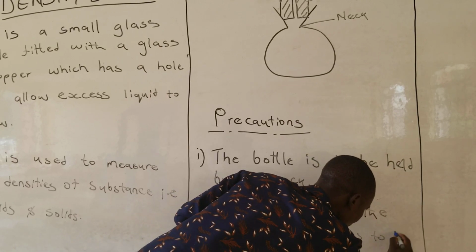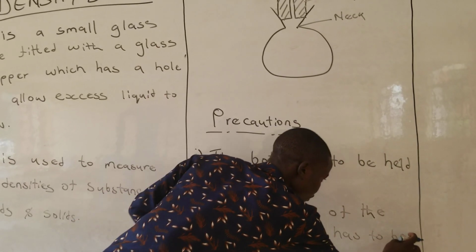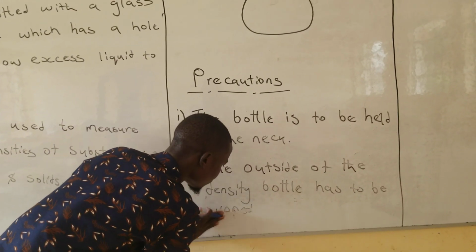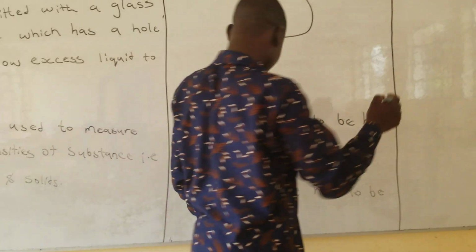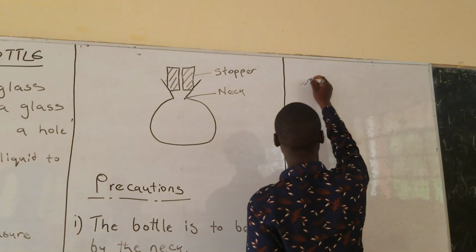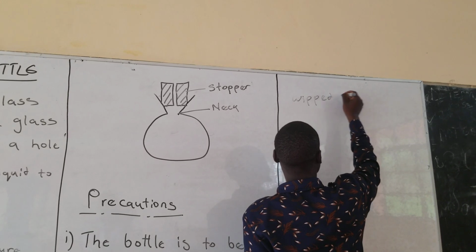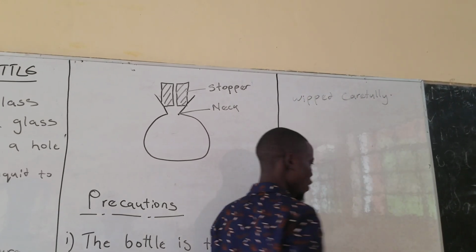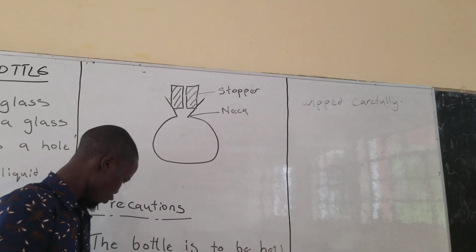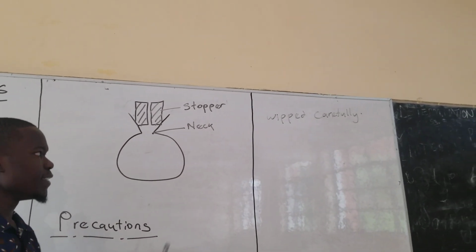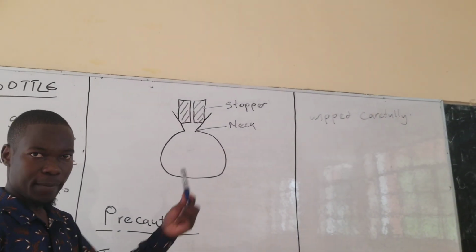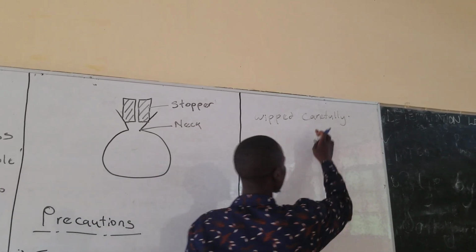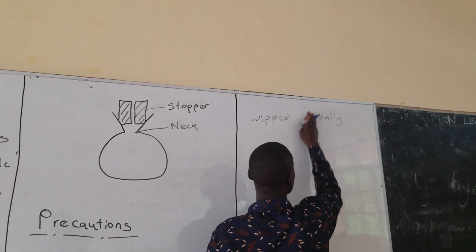Sorry, let me write on the other side. Has to be wiped carefully. Why are we supposed to be wiping the outside of the density bottle carefully? Number one thing, it has to be wiped carefully.